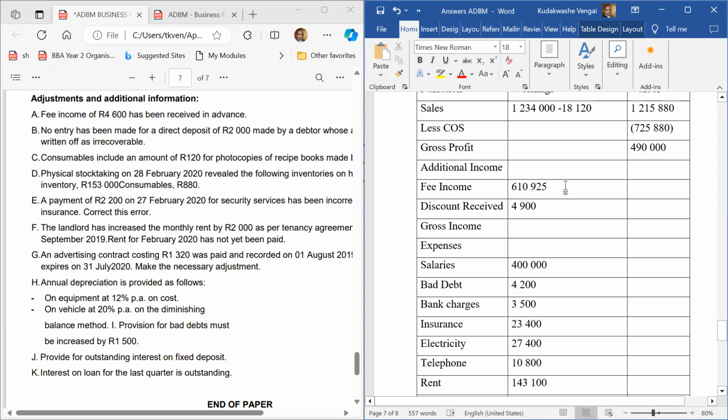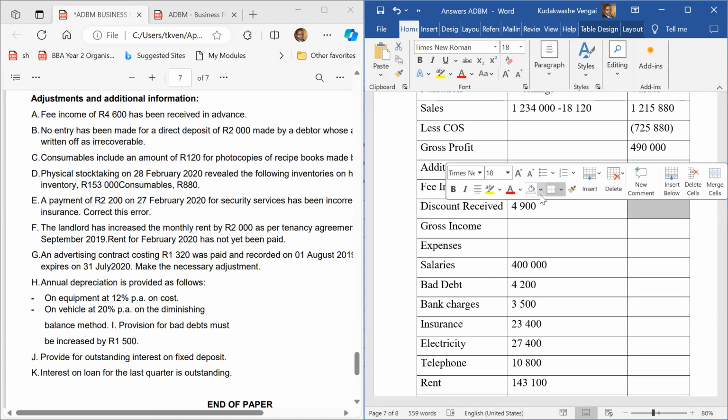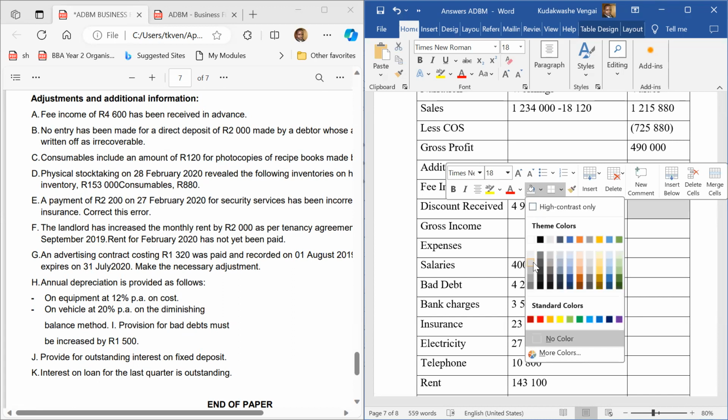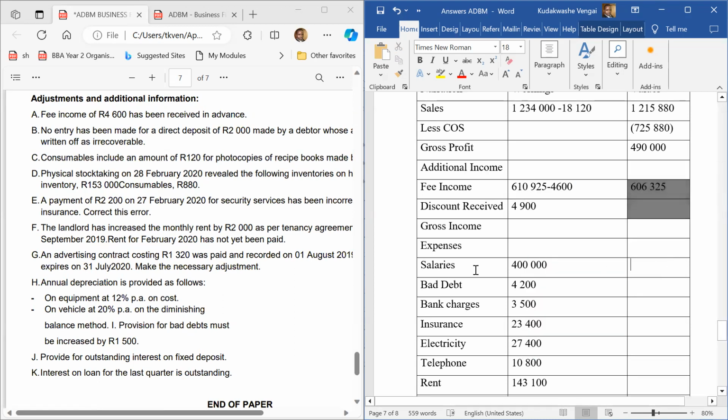So we're gonna subtract 4,600 there for us to get our final figure for fee income, right? So 610,925 minus 4,600, and then we get our final figure of 606,325. That's for our fee income there, right?